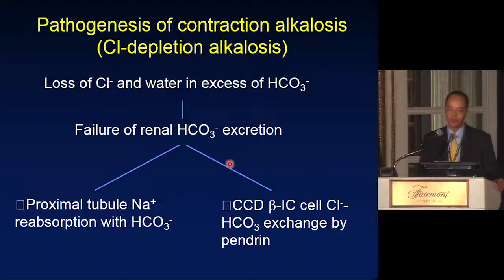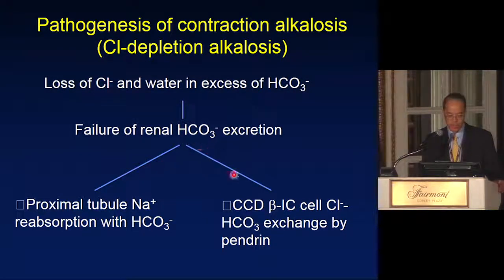And the reason is when you become volume contracted, the kidney tries to retain salt and chloride. So what it does in the proximal tubule is to increase sodium reabsorption, and that sodium reabsorption is largely with bicarbonate. So it's retaining sodium to try and preserve extracellular fluid volume at the expense of making the alkalosis worse.